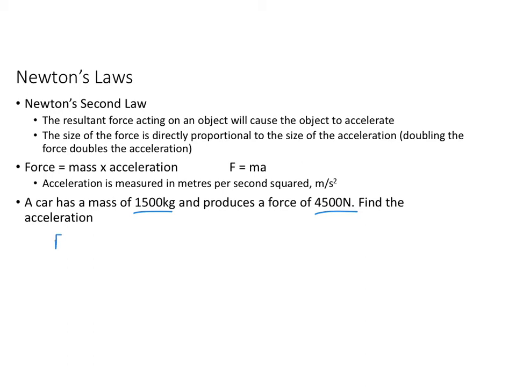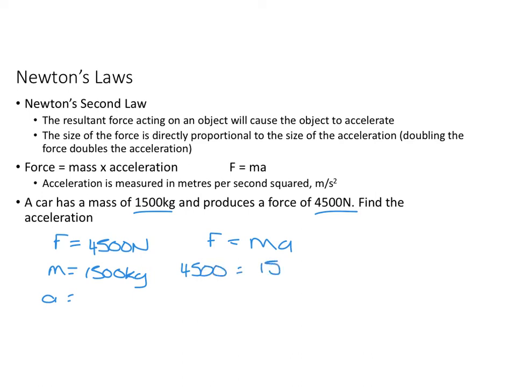So the first thing we do, we write down what we know. The force is 4,500 newtons. The mass is 1,500 kilograms. We don't know the acceleration, so let's write our equation. F equals ma. Substitute in our values. We don't know a, so we can leave it as a.